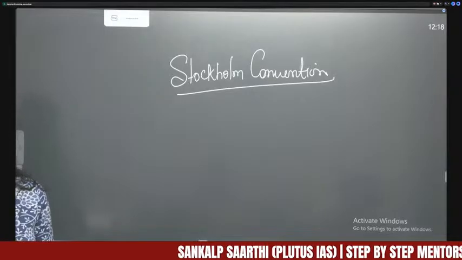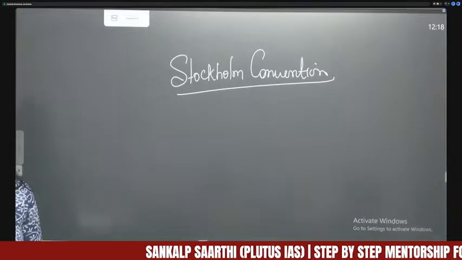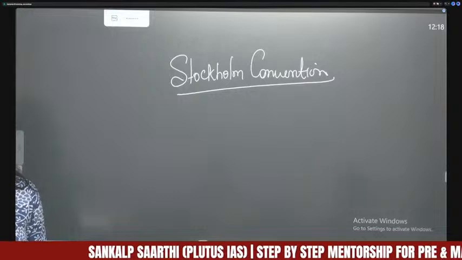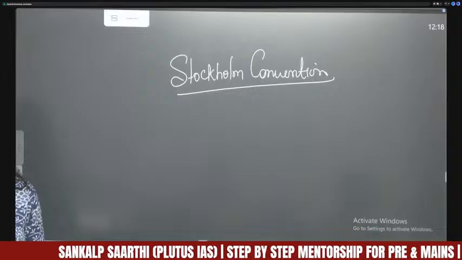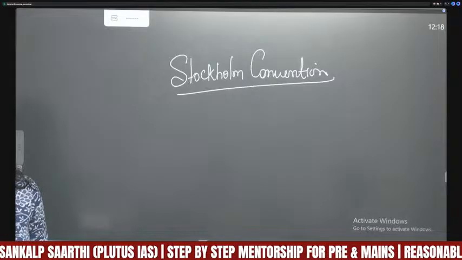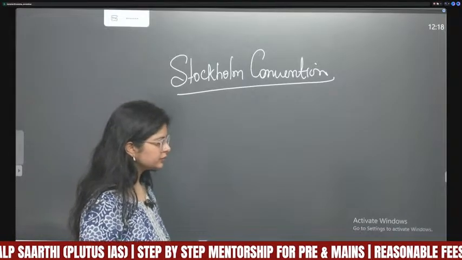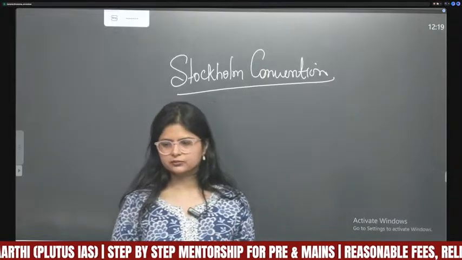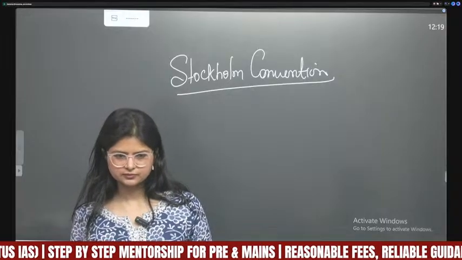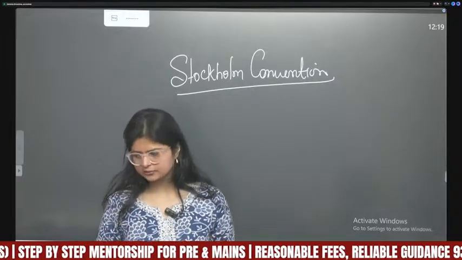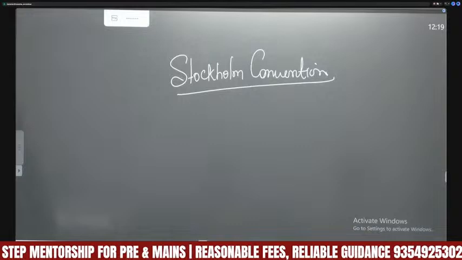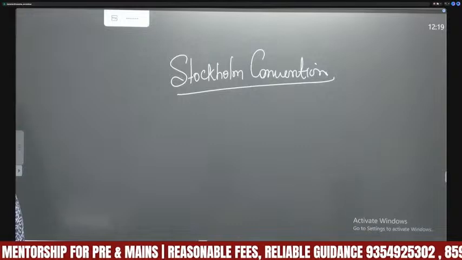The first organic POP is aldrin. Next is heptachlor, etc. The 12 POPs were labeled as the dirty dozen. Because they were 12, that's why dirty dozen.